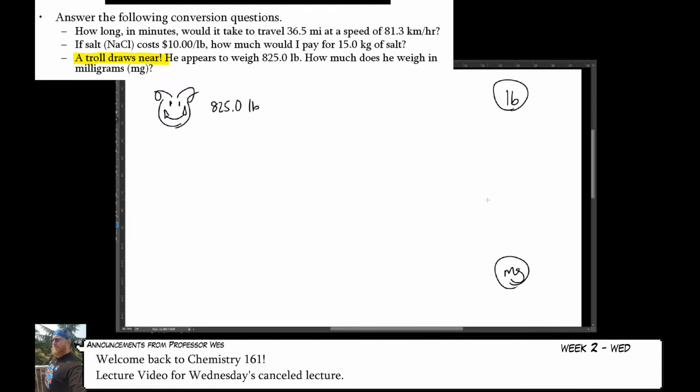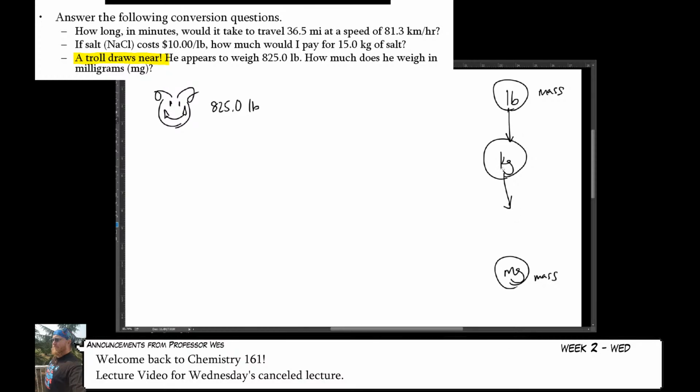This is pretty straightforward. But how you get from pounds to milligrams might differ. So I'm going to propose one way to do this. Because it's all mass, I don't need any weird conversions. So what I'm going to do, I'm going to turn pounds into kilograms, because I want to get to metric as soon as possible. And then I can get from kilograms to milligrams somehow.